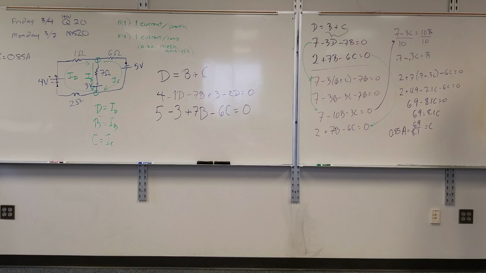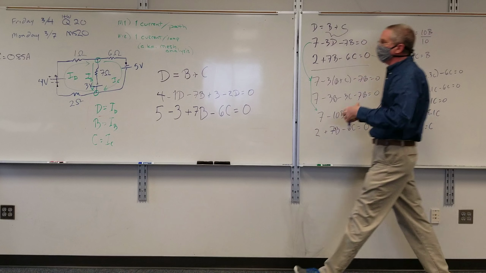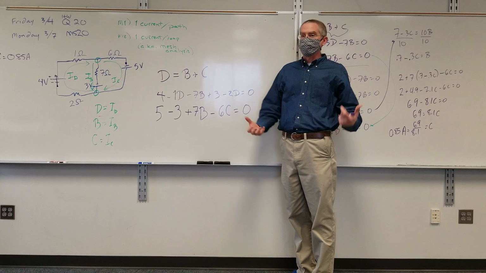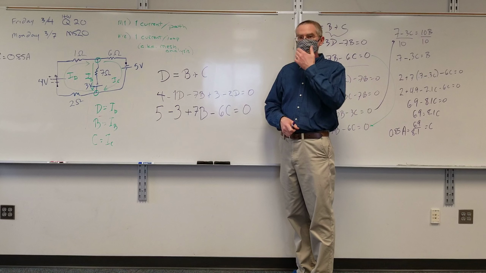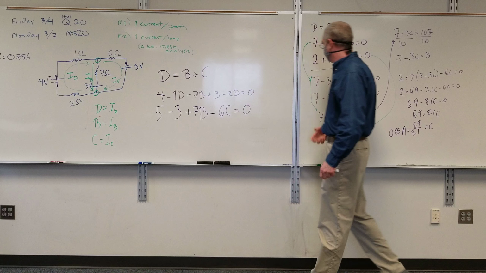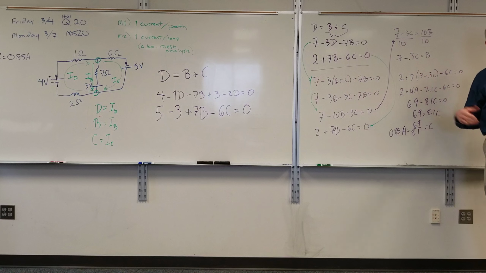Questions about how we got that? Just to clarify, this is still method 1, the 1 current per path? Yeah, the methods there are just how you get the equations. This is the math piece of it, which is the same regardless of how you do it. Whichever method comes up with the equations, we could still use this same math technique.